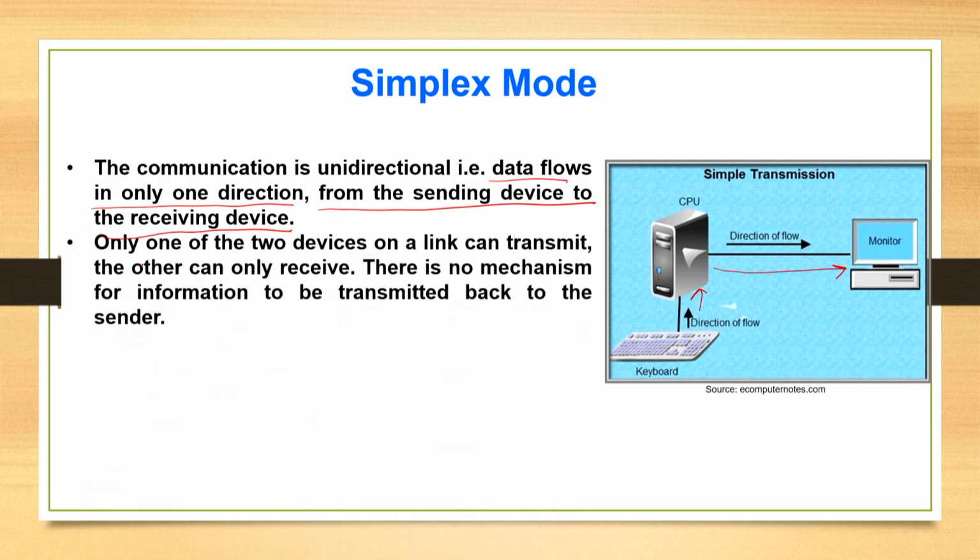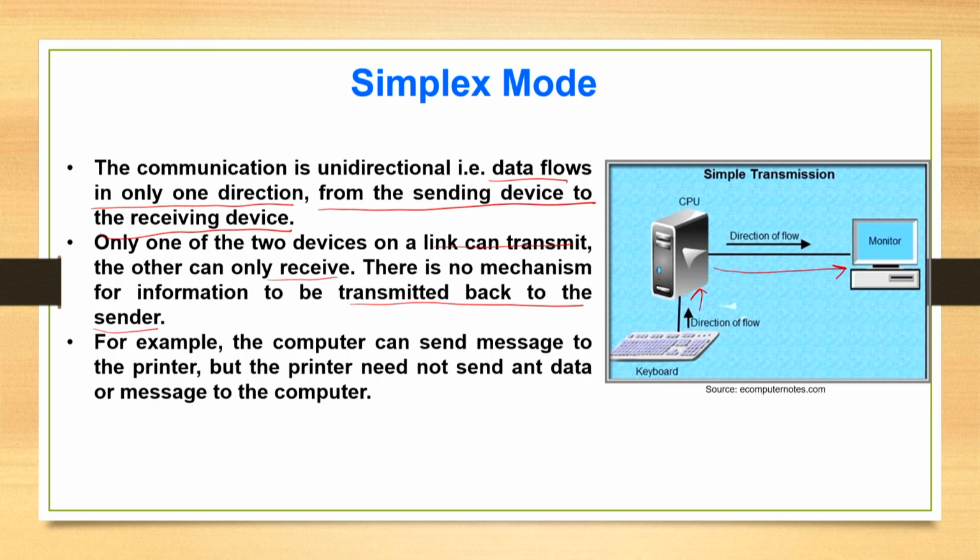It means only one of the two devices on a link can transmit, the other can only receive. There is no mechanism for information to be transmitted back to the sender. That's why we say the communication is unidirectional.